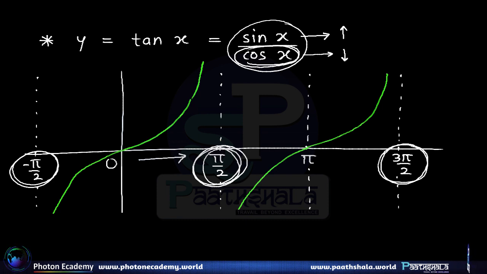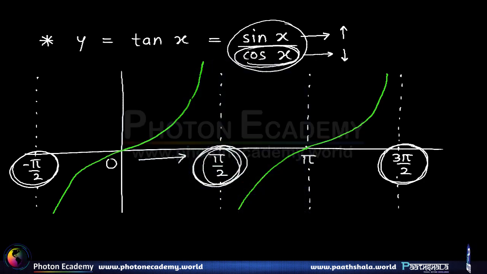So clearly, for odd multiples of pi by 2, the tan function is not defined, because there the denominator becomes 0. So we write that as all real numbers except the numbers of the form 2n plus 1 times pi by 2, where n is an integer.